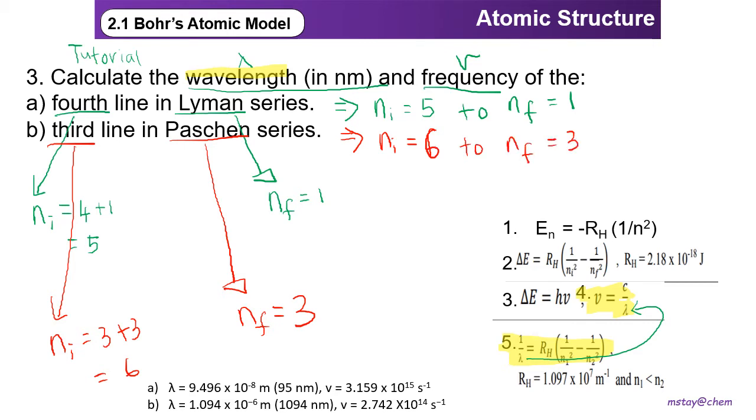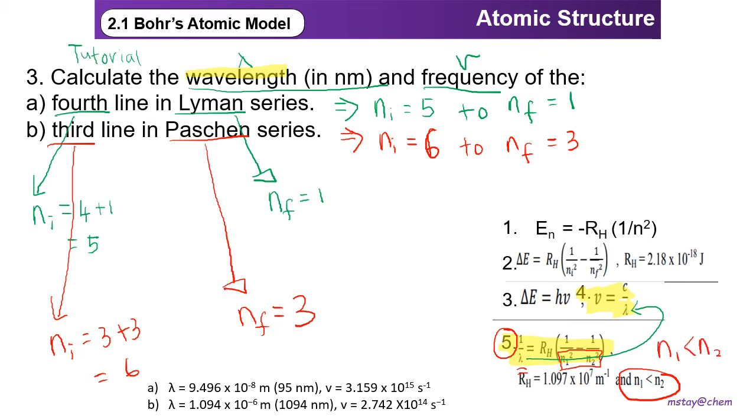Okay, because just now we mentioned that we have to use the fifth formula to determine the wavelength. But here the formula, we are not using n initial and n final, but we use n1 and n2. So this is the reminder, n1 always less than n2.